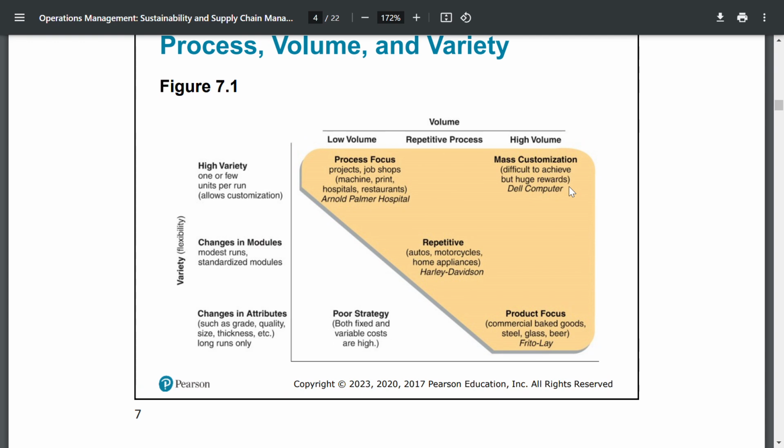There is the attribute of size, say we want to change the size of the screen, we want to change the battery capacity, we want to change the type of the keyboard, the touchpad, if it has a touch screen or not. There are many different speakers, many different attributes that we can change, and so it's very high variety, but also very high volume, and it's not easy to achieve, it is difficult.